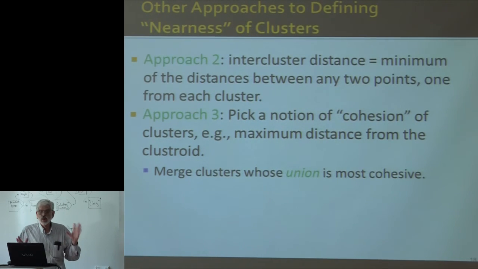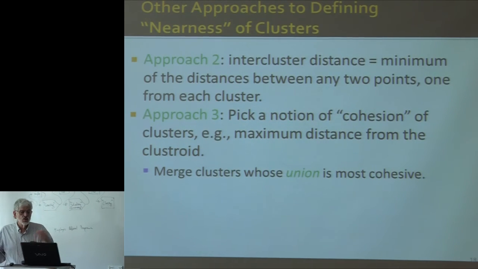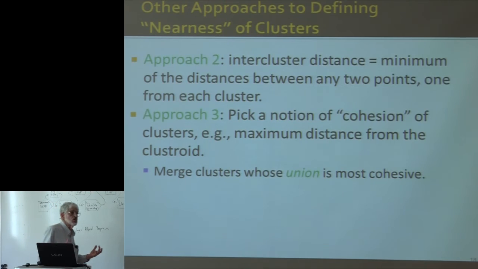Here's one example. We can say the cohesion of a cluster is the maximum distance from the clustroid. In other words, the clustroid is the point of minimum maximum distance, and the cohesion is that maximum distance.